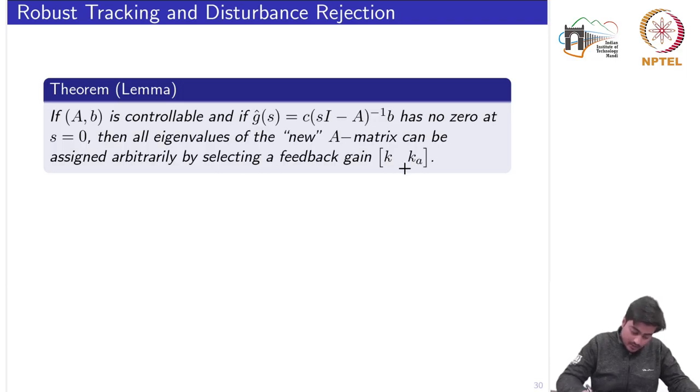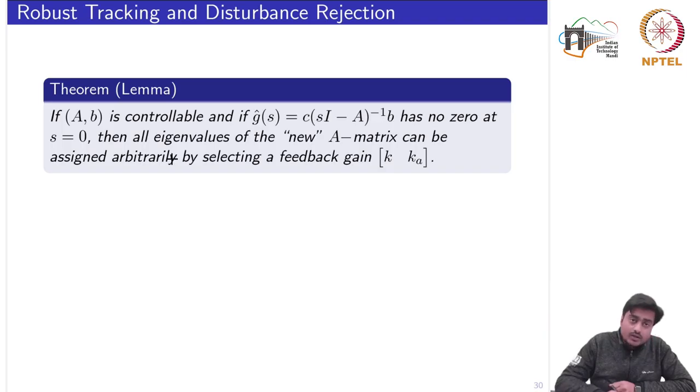So this is a very important result, which speaks about the designing of a state feedback controller, and depends on the controllability and also the non-availability of a zero at the origin.